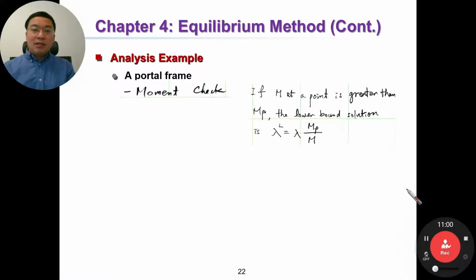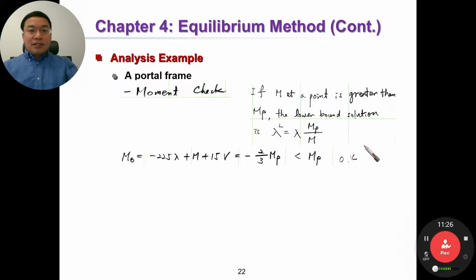If the M at a point is greater than MP, then the lower bound solution is lambda L. Lambda L means the lower bound solution equal to the lambda that is the solution of the previous step, multiplied by this ratio, MP divided by M at that point.